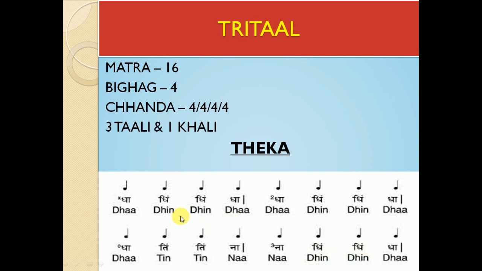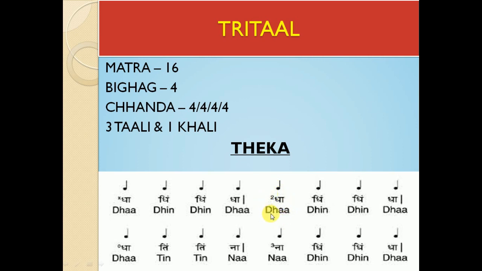Okay. Now, how many talis and how many khalis? Okay, I already told you that tali is represented by 3 kinds of symbols and numbers. One is a cross. You can see a cross in the beginning itself. Okay, cross. So we will put a tali here. You can again see a number 2 here on the bol dha.